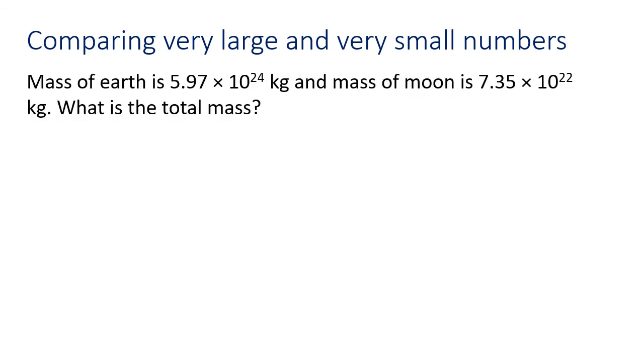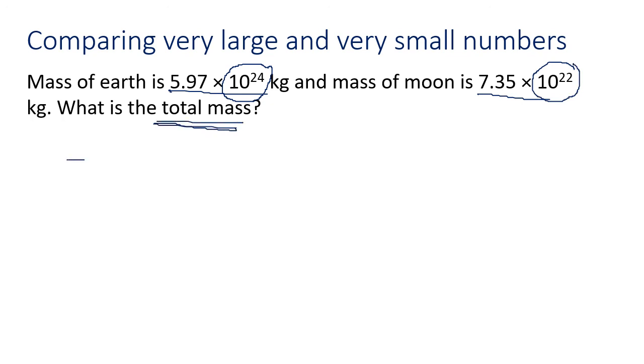Okay. Now in the next sum we have the mass of the earth given in the power 10 raised to 24 and the mass of the moon given in the power 10 raised to 22. We have to find the total mass.